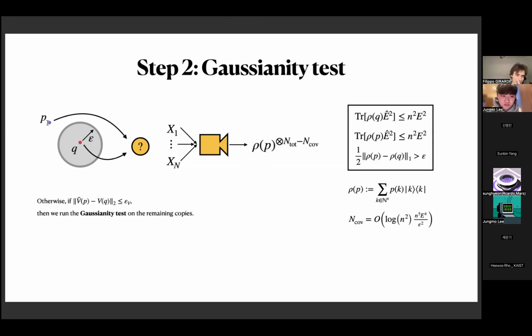You can have a probability distribution epsilon far from Q, and still have covariance matrices which are close. So that's why you need to perform a Gaussianity test. I hope this answers your question. The way to see it is just to try and do the computations step by step. And with this embedding, we will see that it's not straightforward.